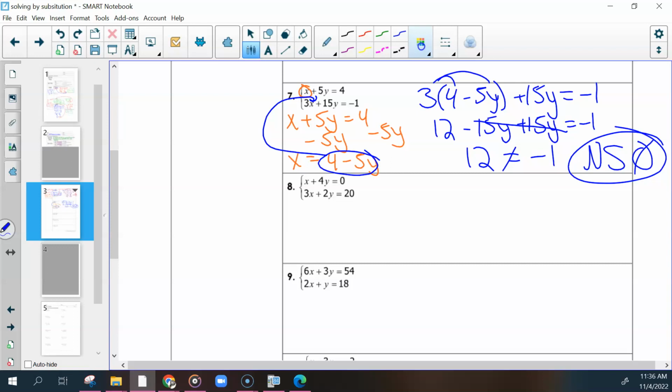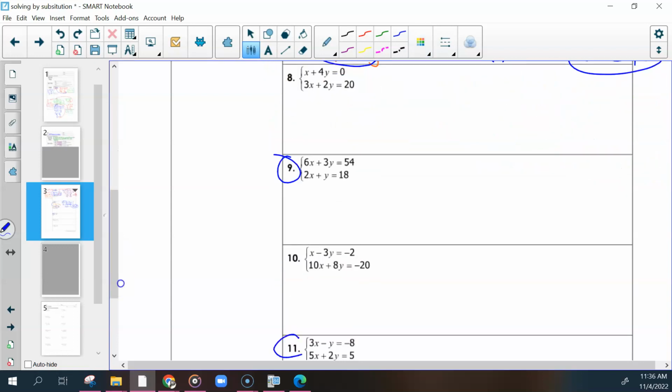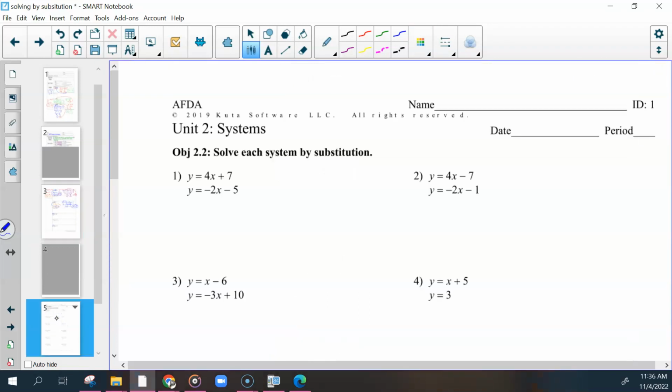All right, 9. I'll circle all and then we'll go through them. 11. Aaron. 4 on the last page. Any others?